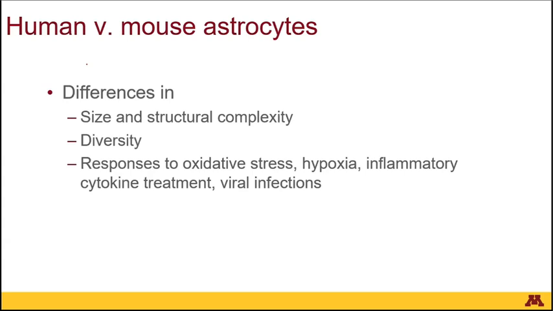One lab directly tested astrocyte responses to a variety of insults, such as oxidative stress, hypoxia, inflammation, and infection, and they found significant differences in human versus mouse astrocyte pathology in their responses. And this is really important since neurodegenerative diseases like HD have oxidative stress and inflammation components. So if we can't model that correctly in mouse models, that could be a huge issue.